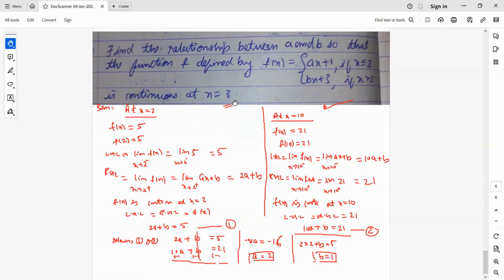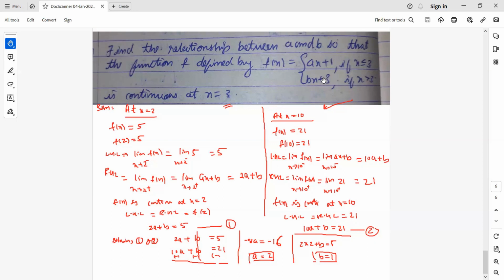Here only one point is given, but they are asking us to find the relation between a and b. So LHL and RHL you will get, equate those and find a condition relating a and b. You need not find the value of a and the value of b, only a condition which is relating a and b.